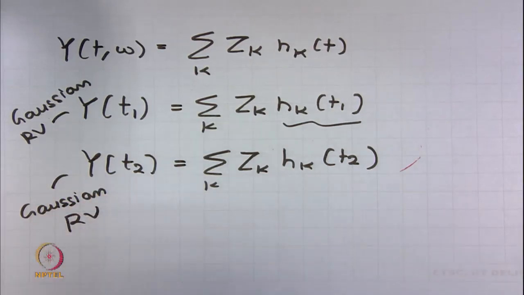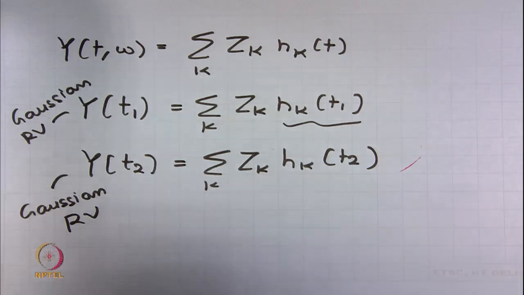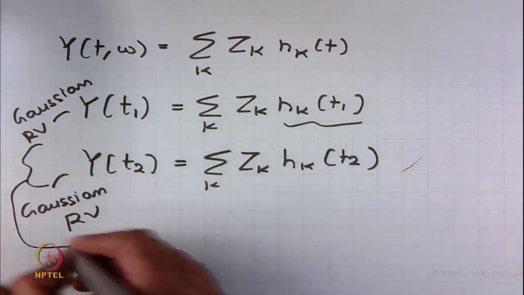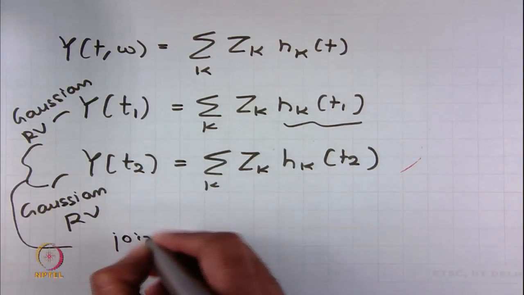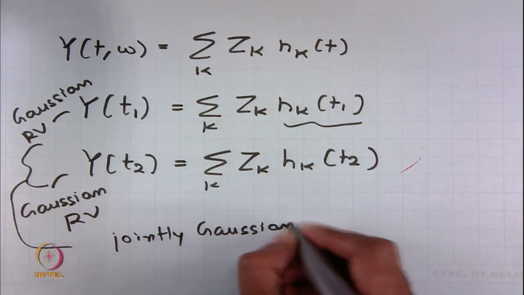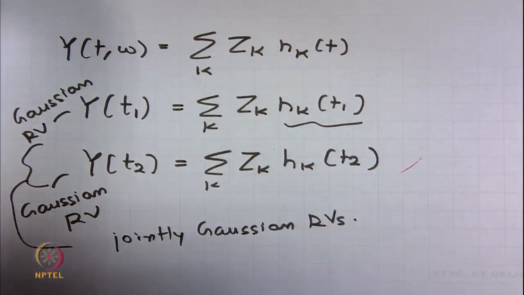What more is, again they are different linear combinations of a common underlying set of independent Gaussian random variables. So, y of t1 and y of t2 are jointly Gaussian random variables. Everything is very similar to the last time. So, we can say now that y of t is also a Gaussian process.